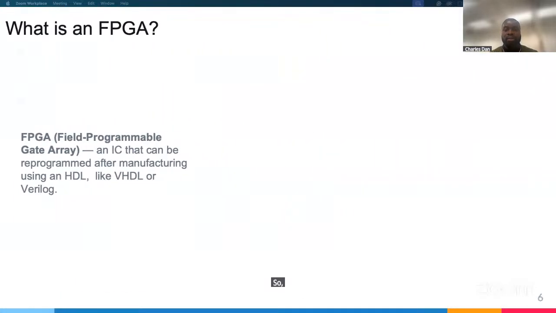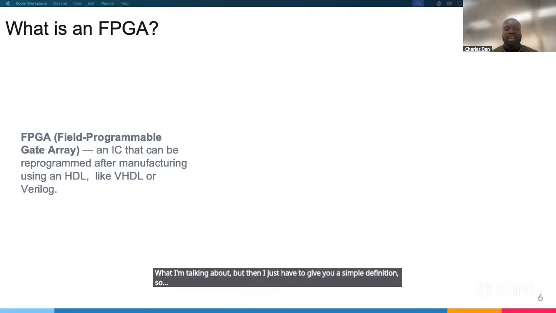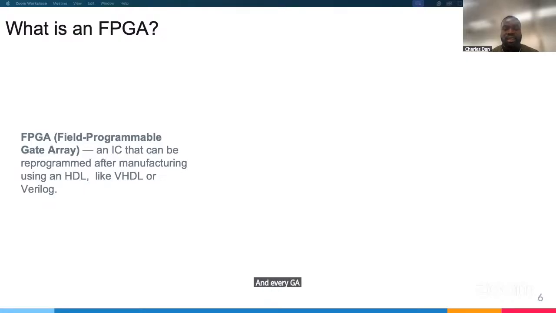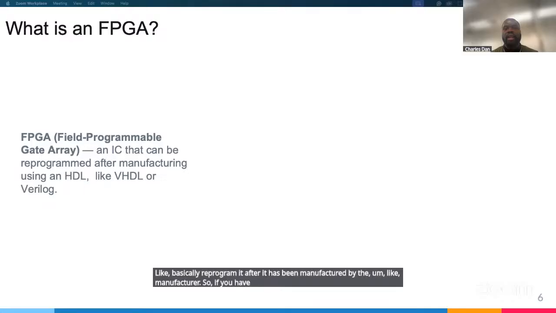Just to talk about what an FPGA is. I've just mentioned an FPGA, but if you are new here, you might not even know what I'm talking about, so I have to give you a simple definition. An FPGA is an IC that you can reprogram after it has been manufactured.